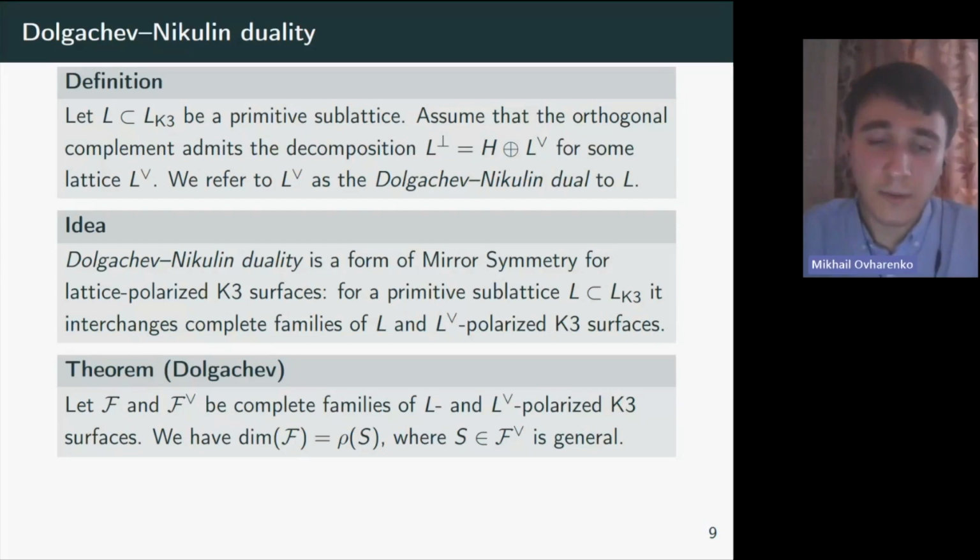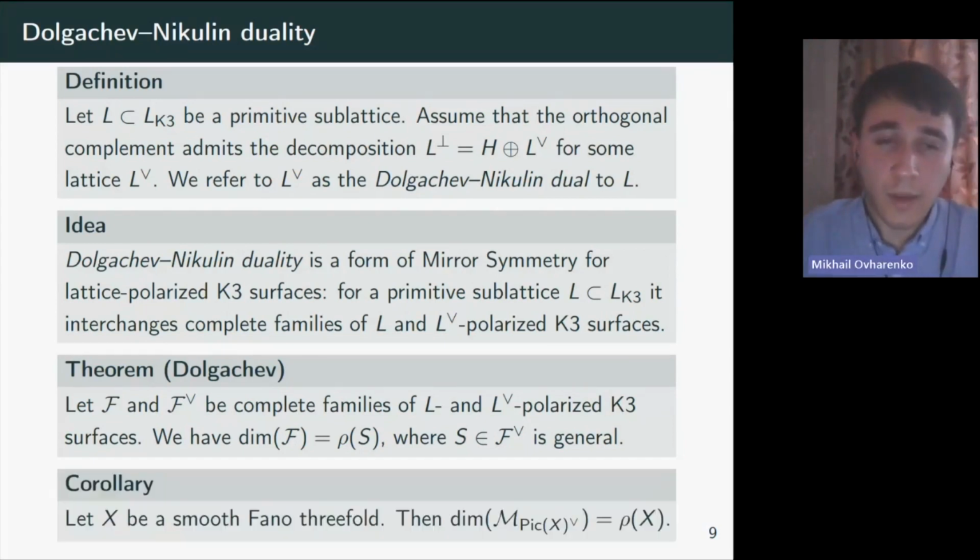And combining it with the result by Batyrev, we obtain that if we look at a smooth Fano threefold and consider the moduli space of Picard check polarized K3 surfaces, then its dimension is precisely the Picard rank of the Fano threefold itself.